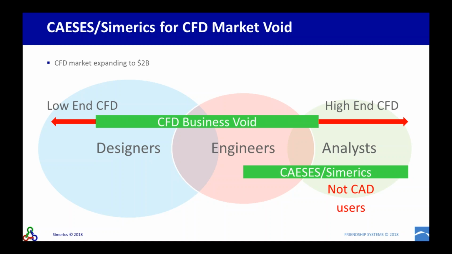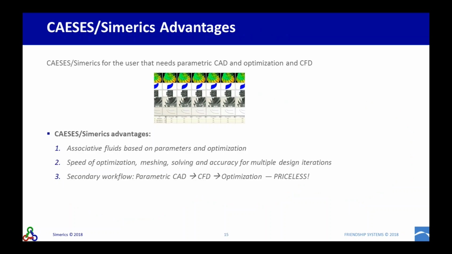And now you can take advantage of parametric CAD in a way that lets you connect all the parameters to the Simerics-MP platform. So one advantage you can look for in the case that we're going to start in just a couple of minutes is that you can now associate the fluids based on the parameters and the optimization that you've come up with.